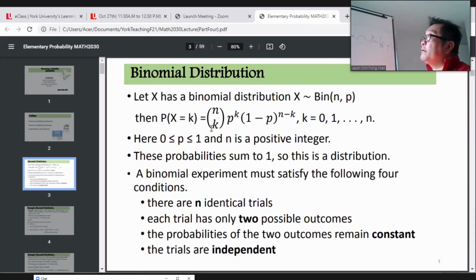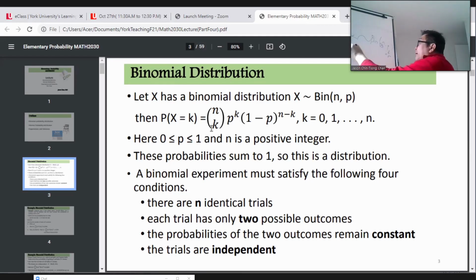Let's say X is the number of heads, so the probability is 0.5. Yes, that's right. It's independent. I agree with you. So far, so good? Okay.